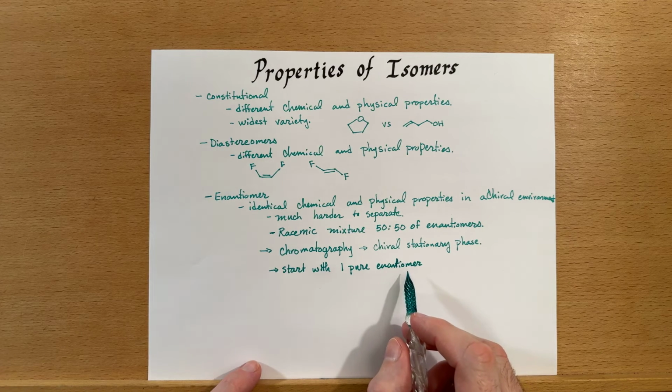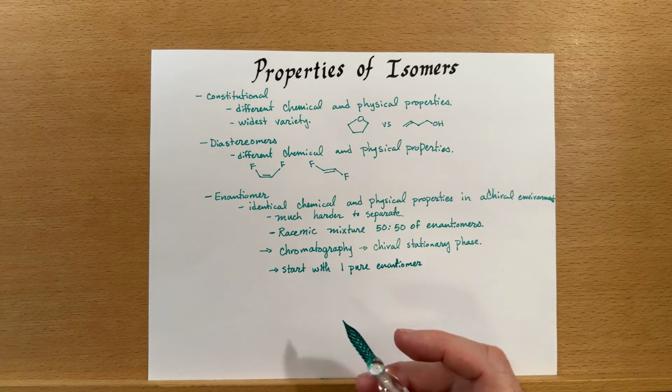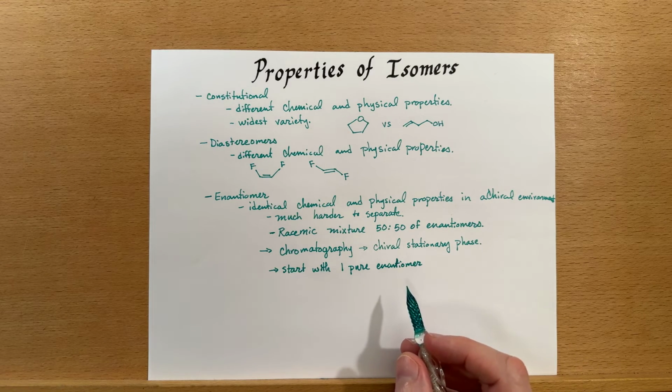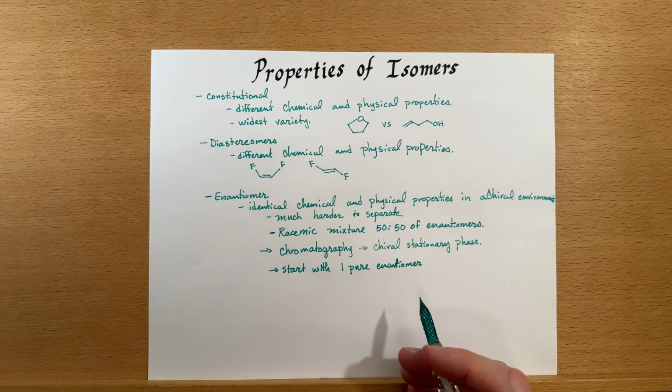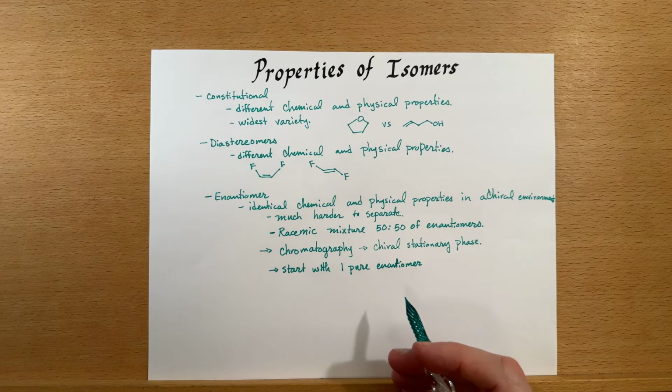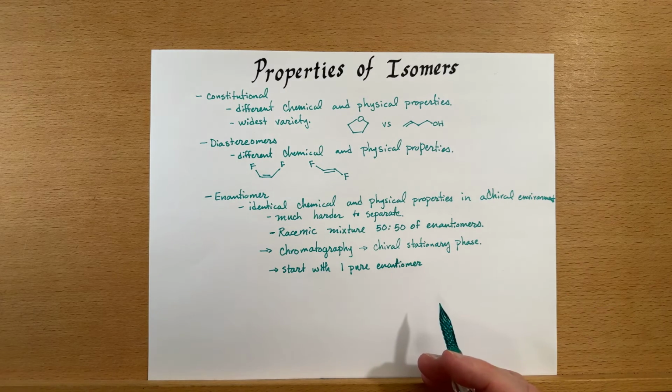And you might say, well, how will I do that if it's difficult to isolate that? Well, a lot of biological molecules are chiral and they exist with just one enantiomer. Proteins and the amino acids that make up proteins are one of those molecules that has just the one enantiomer. So you may be able to start with that.